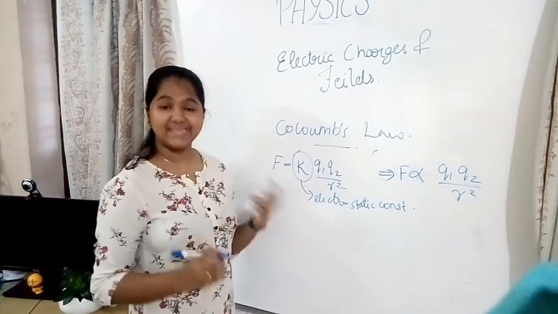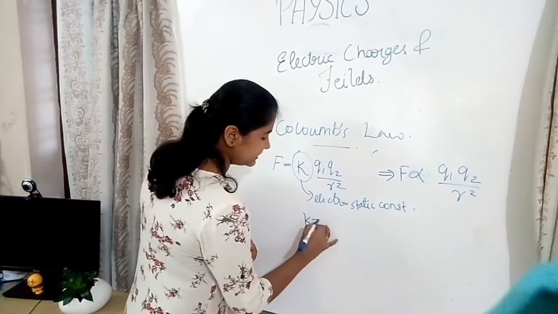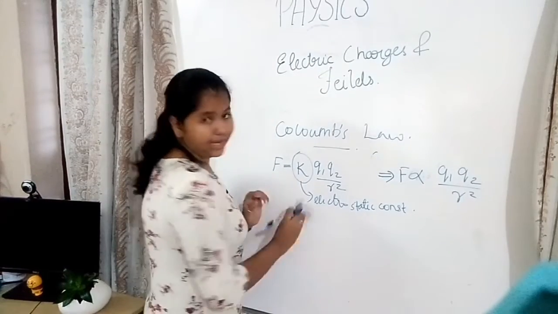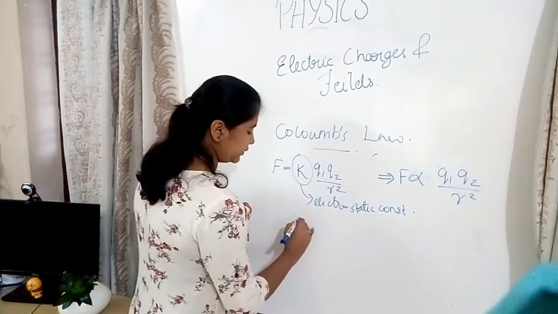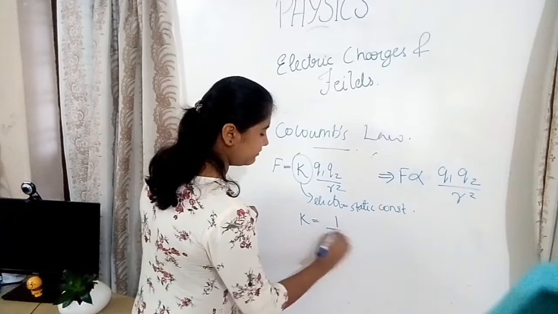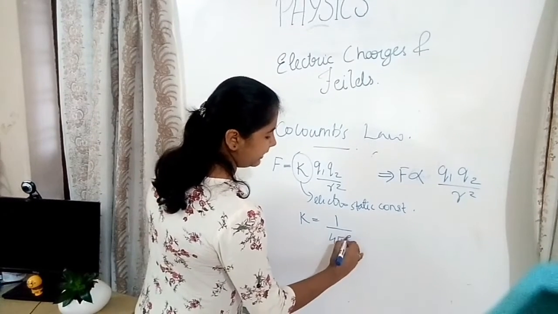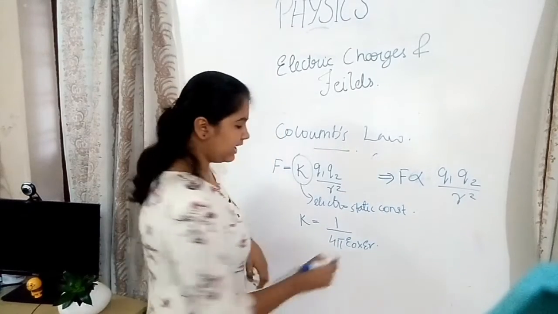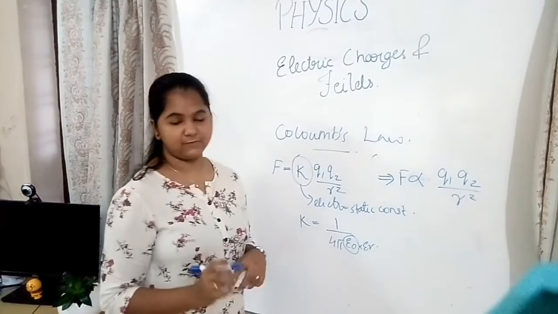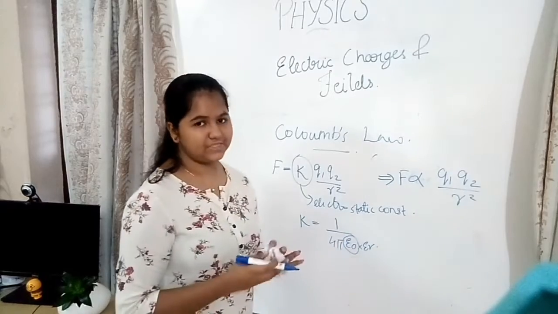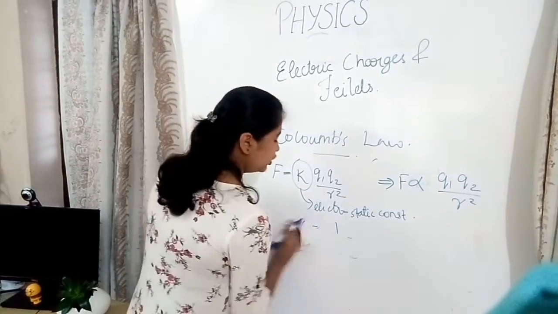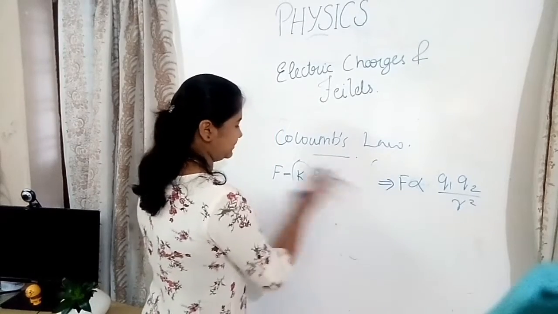K in CBSE unit is taken as 1. But in SI unit, K is equal to 1 by 4 pi epsilon 0 into epsilon R. Epsilon 0 is the permittivity in free space and epsilon R is the permittivity in a medium, or the relative permittivity. So we learned about Coulomb's law.